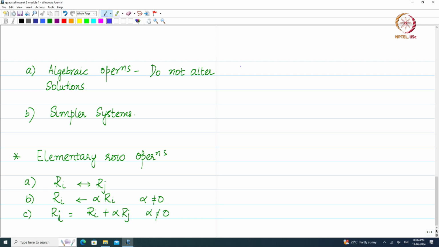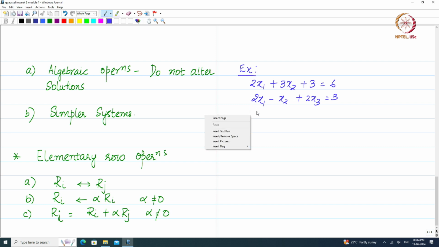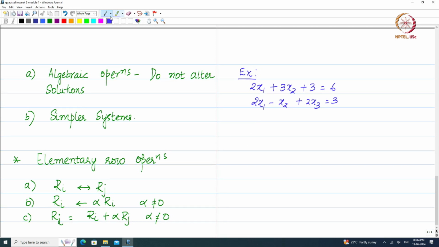Let us go for another example. 2x1 plus 3x2 plus x3 is equal to 6. 2x1 minus x2 plus 2x3 is equal to 3. Third equation, 2x1 minus x2 minus x3 is equal to 0.